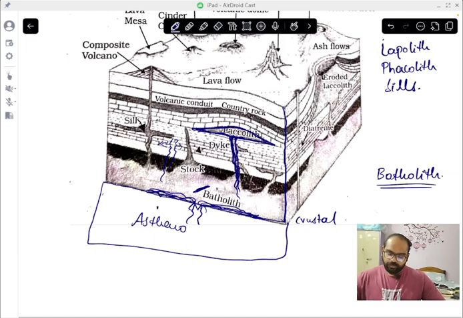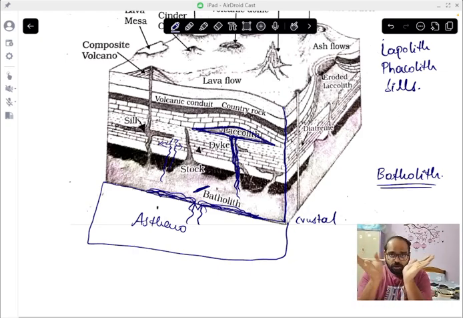Okay, see, whenever magma travels in a straight way, there are certain weaker parts in the crust. Due to those weaker parts, the magma can travel in a horizontal way.